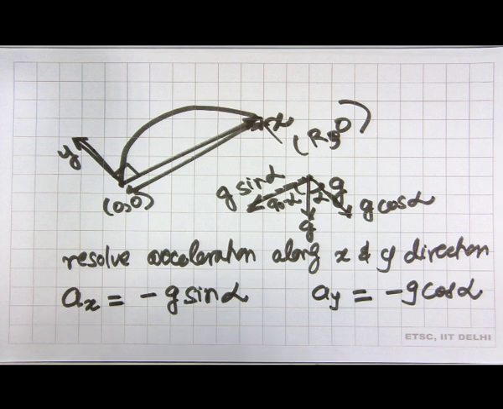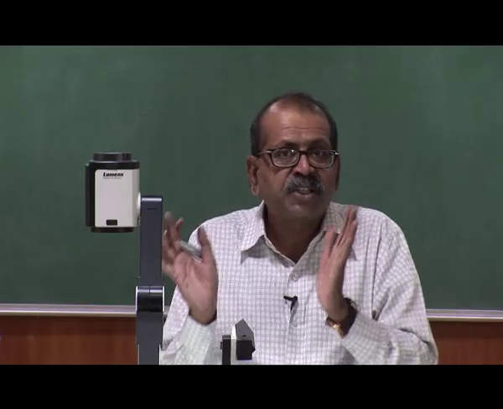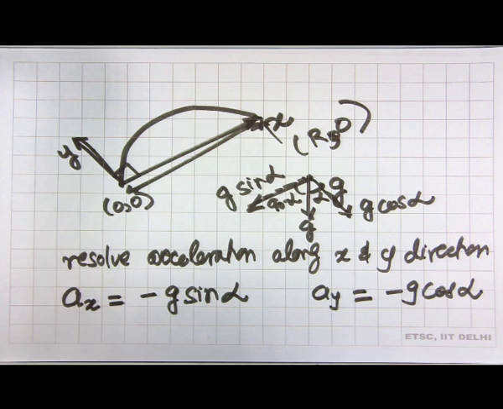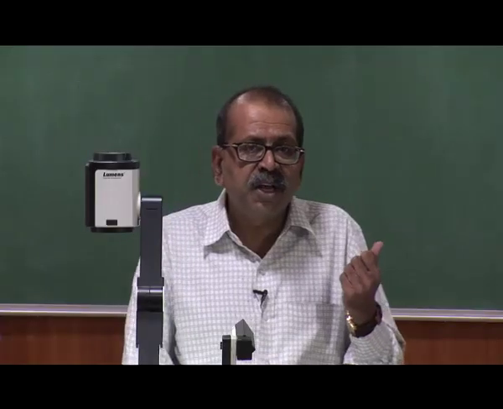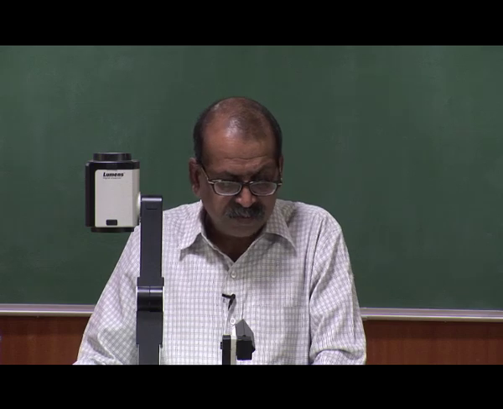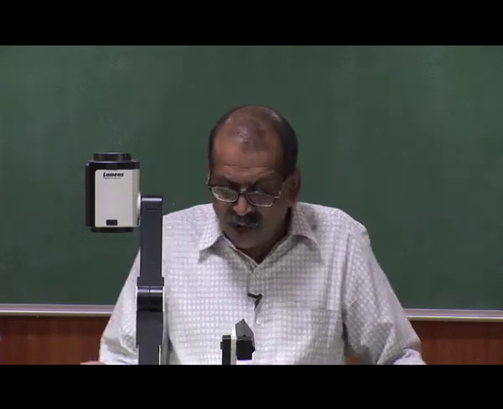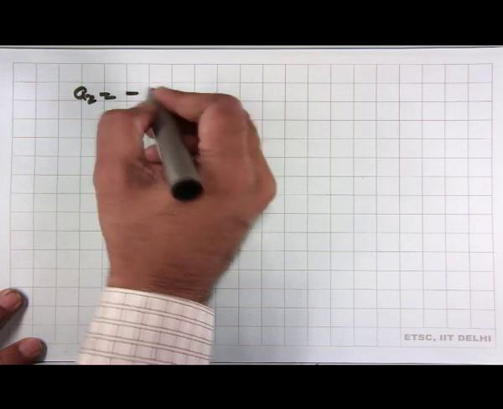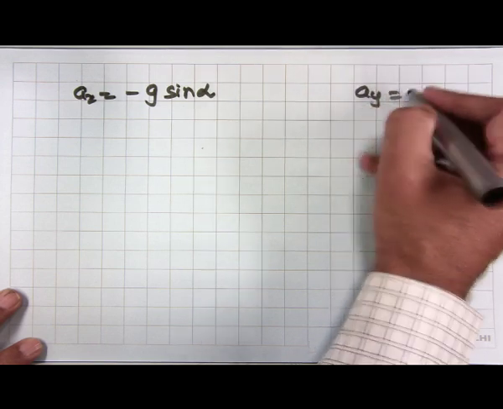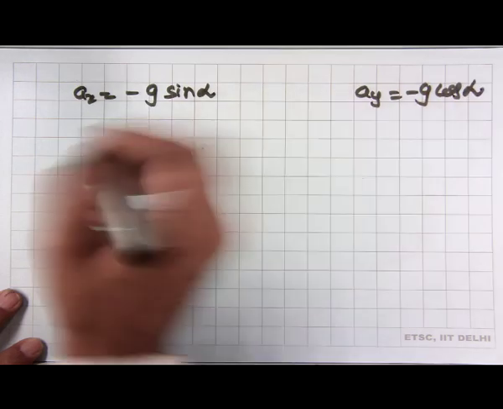The difference when I use this formulation of inclined x and y, compared to the previous case, is that there is an acceleration in the x direction and an acceleration in the y direction, whereas previously the acceleration was only along y. This difference comes because of the way we have chosen our axes. So, Ax is equal to minus g sin alpha and Ay is equal to minus g cos alpha.